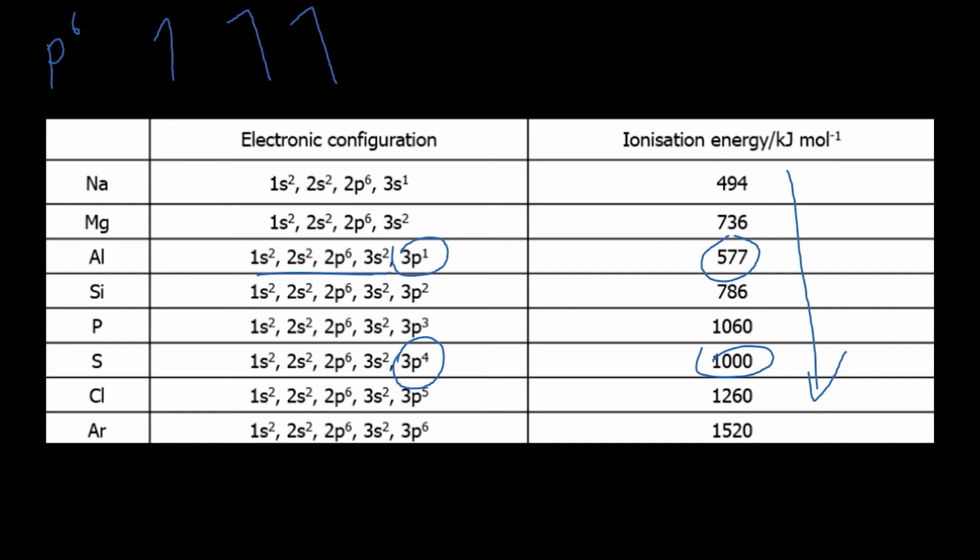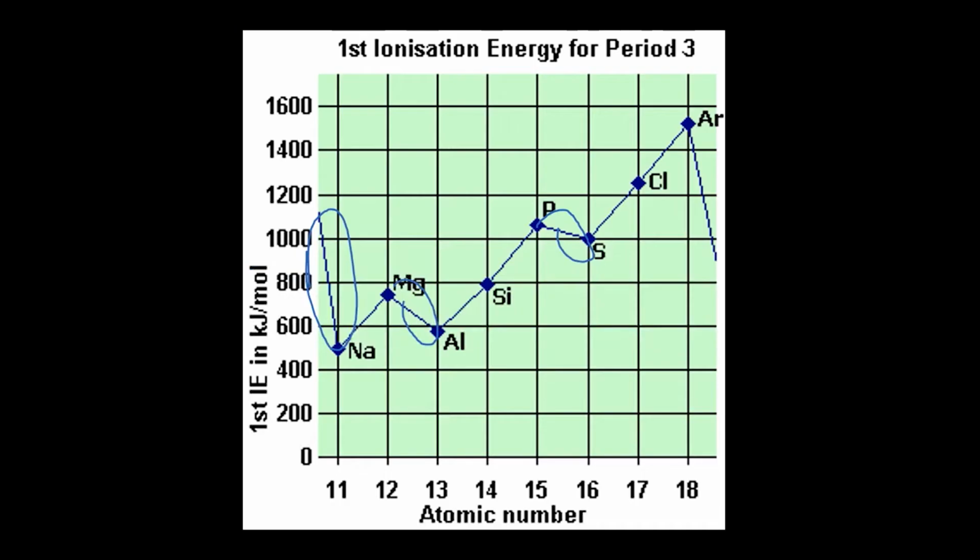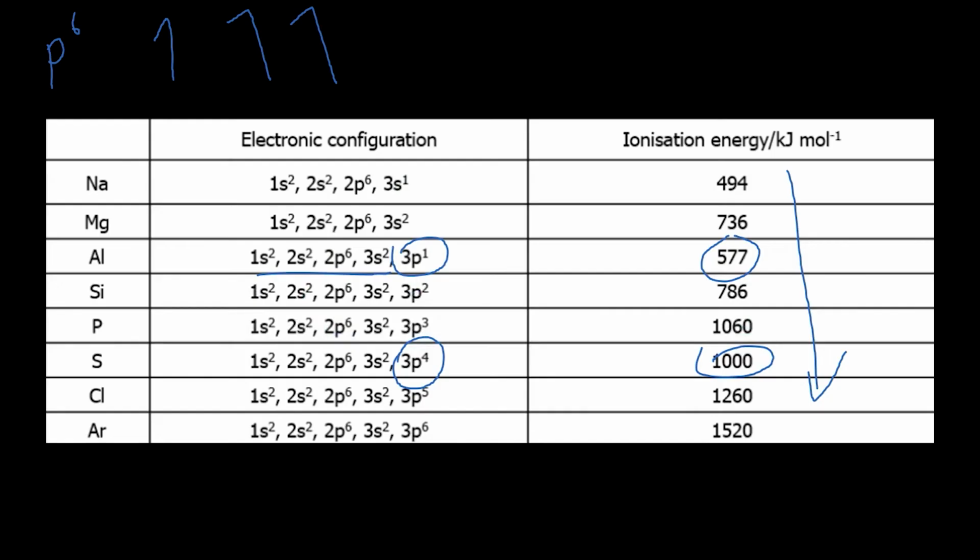And as you can see on the fourth one, on sulfur, on the drop right here, it has 4 electrons, right? So you have 6, and then you fill 3, that's half full. So when electrons are paired, it creates an extra mutual repulsion.